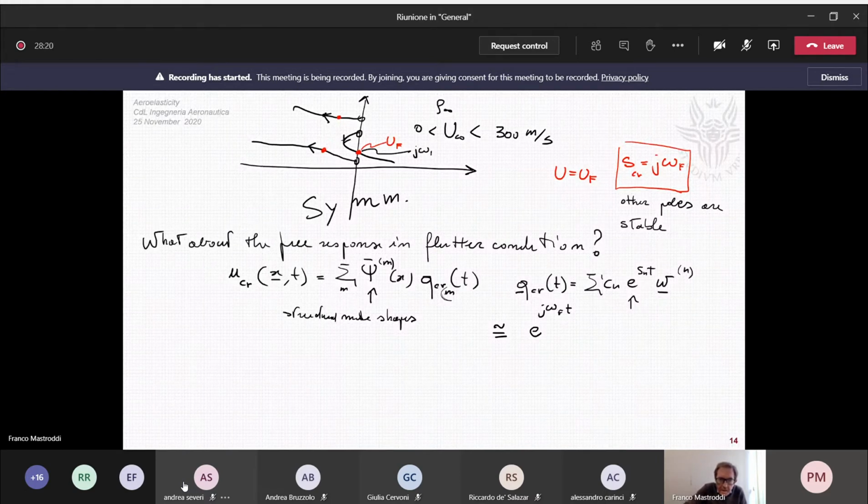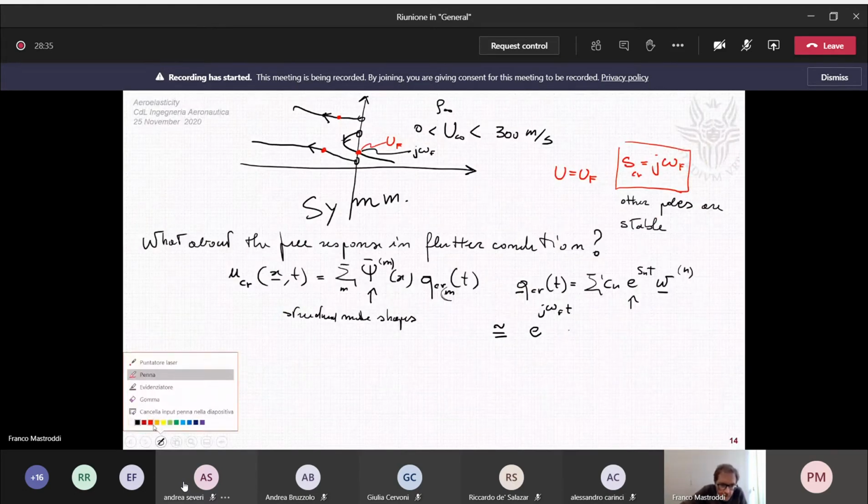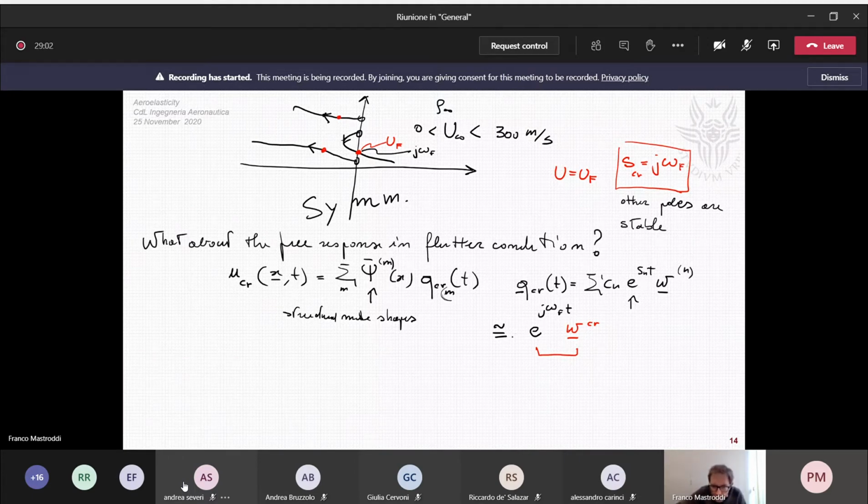So we have j omega flutter by t in time, and here we have the famous critical eigenvector, W critical. And this elementary solution is the critical solution, the marginal solution. And we have to multiply this solution by a constant C.